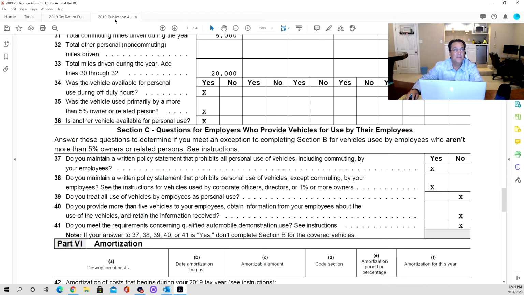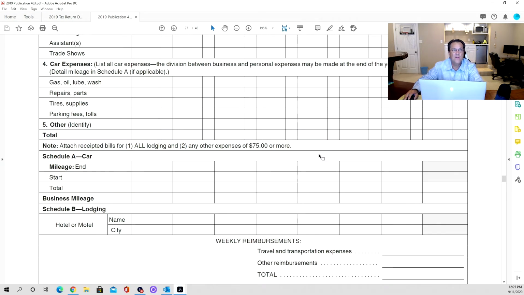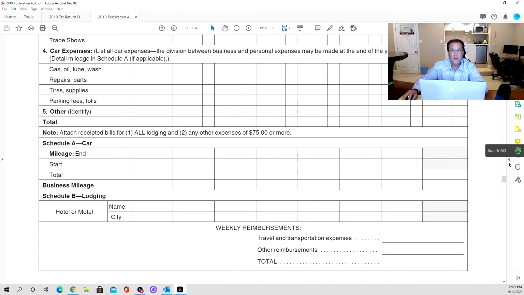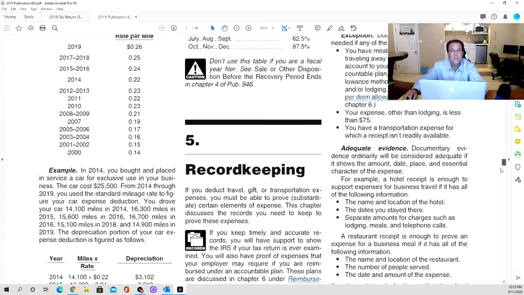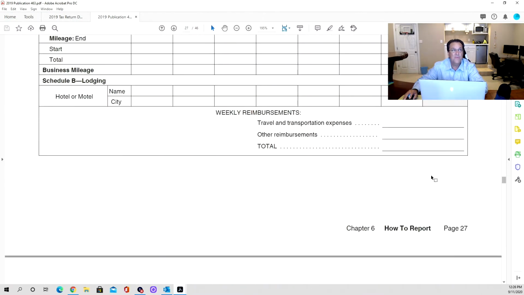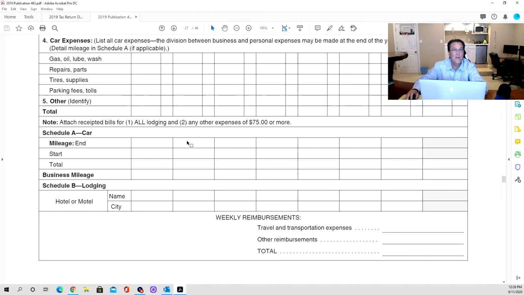Now, how do you keep track of it? Here's the manual way. This is page 27. Here it is: Travel, Gift, and Car Expenses. It's a publication put out by the IRS. So what does it look like? Well, I have been through many audits, and what do you have to keep?